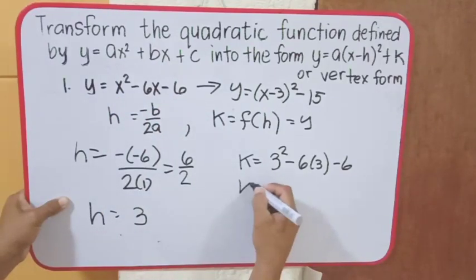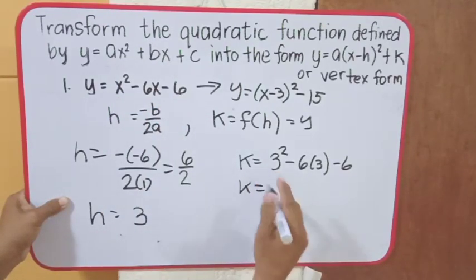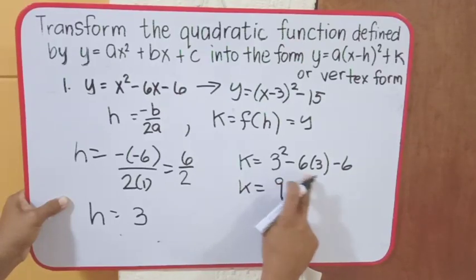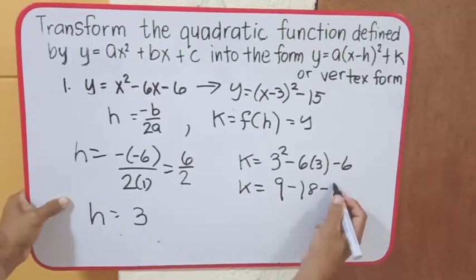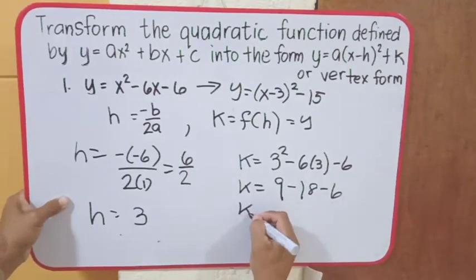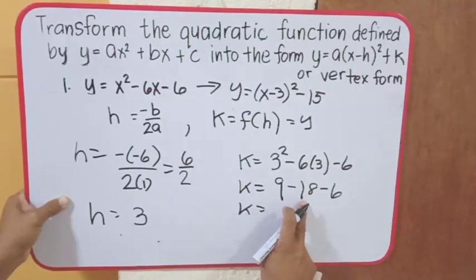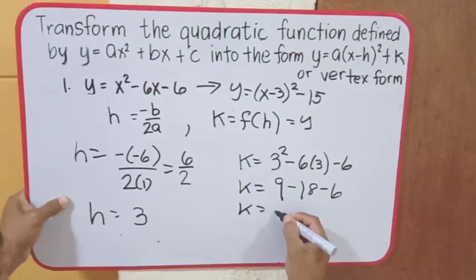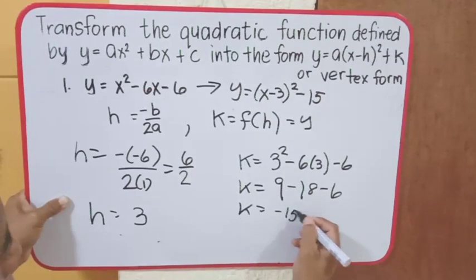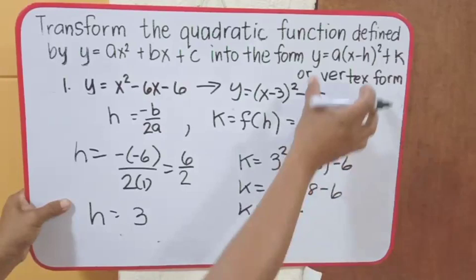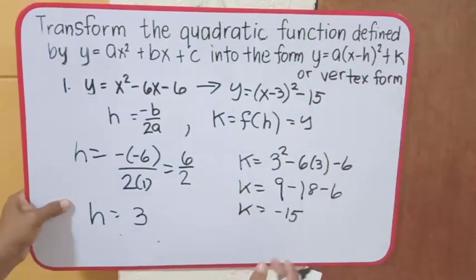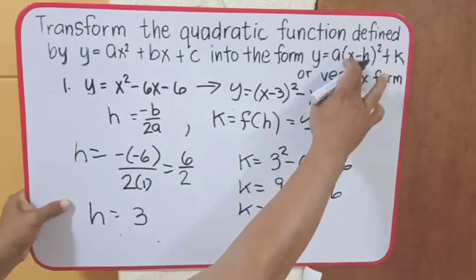Okay, so by simplifying, yung 3 squared is 9. Negative 6 times 3 is negative 18. Copy yung negative 6. By simplifying, 9 minus 18 minus 6, k equals negative 15. Okay, so hindi pa tayo tapos dyan. Ita-transform natin into a vertex form. Ang vertex form natin is y equals a times the quantity of x minus h.